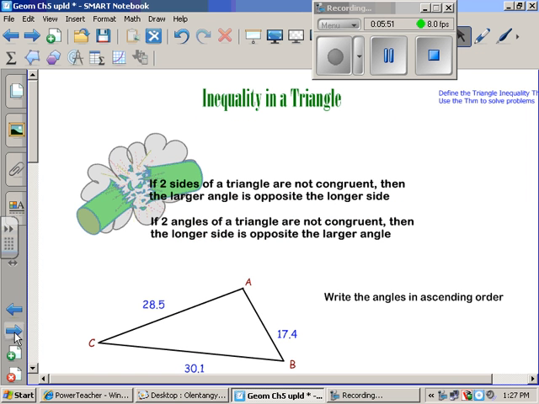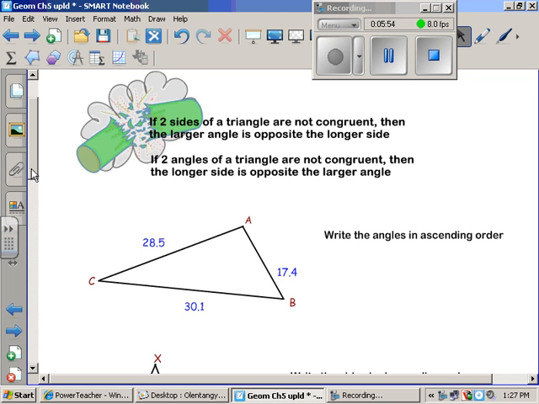All right. The next statement is kind of common sense. If you've got a scalene triangle, then the larger angle is always across from the larger side, smaller angle across from the smaller side, middle angle across from the middle side, sort of like the three bears theorem here. So in this case, 17.4 is the smallest side, so angle C, which is across from it, must be the smallest angle.